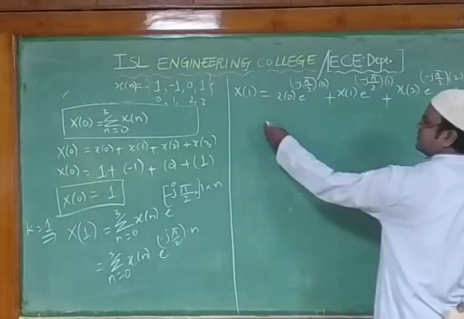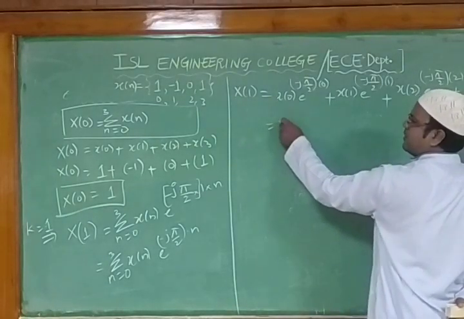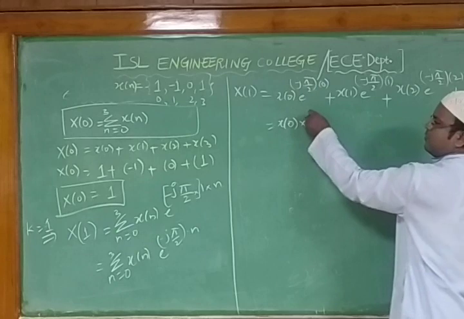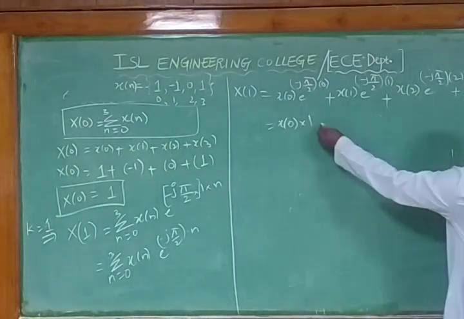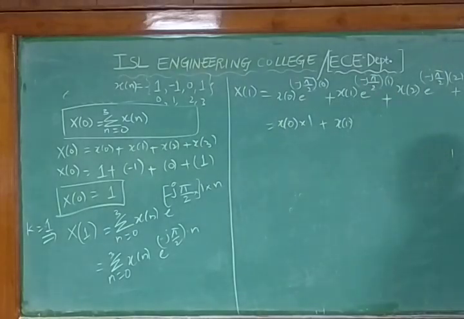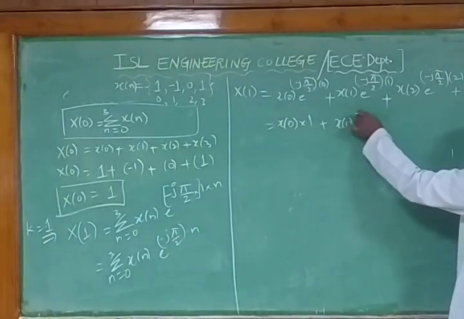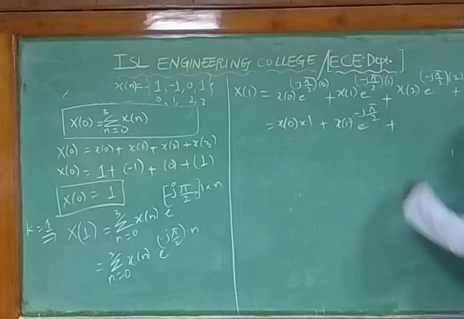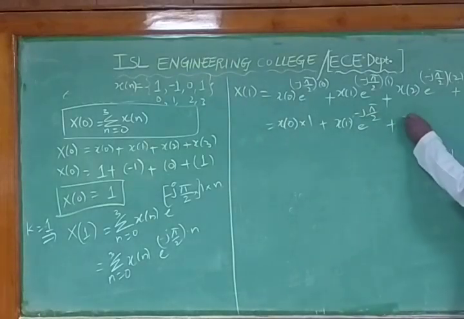So what I'll get first is x of 0, e power 0 will be 1. Similarly, I'll get the second one, x of 1, e power minus j pi by 2, plus I'll get next factor x of 2.